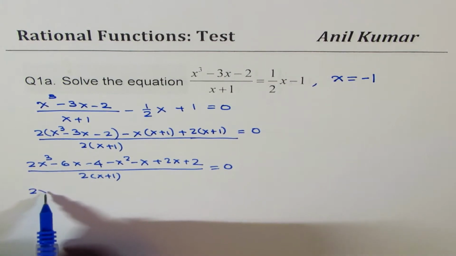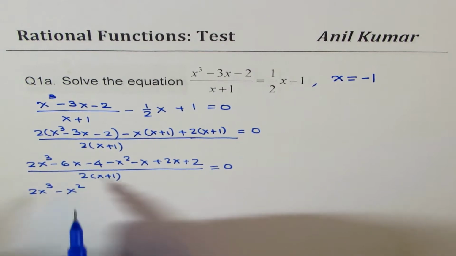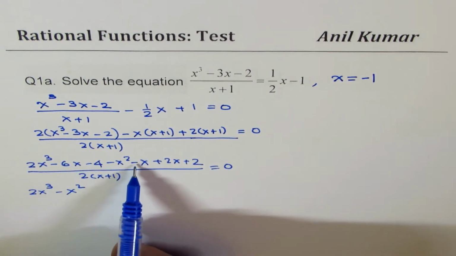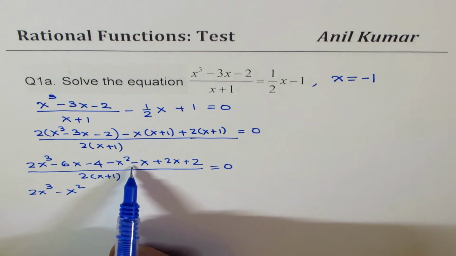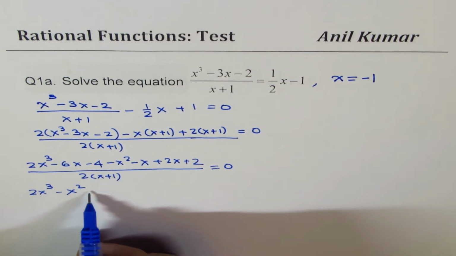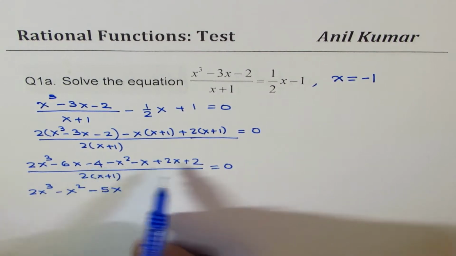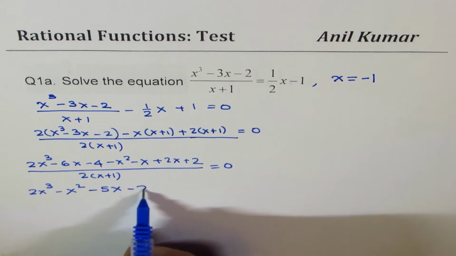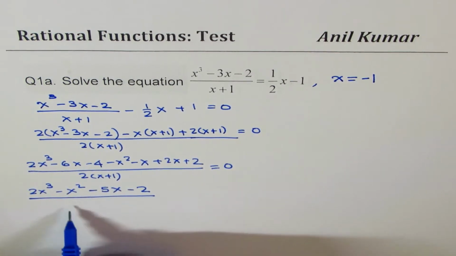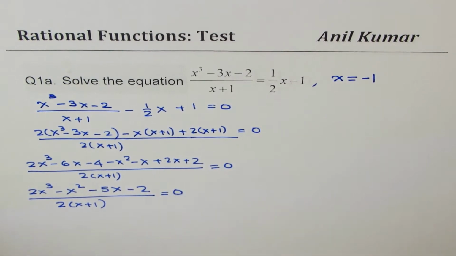We have 2x cubed, x squared, there's only one term, minus x squared, x terms: minus 6x minus x plus 2x gives us minus 5x. Constants minus 4 and plus 2 gives us minus 2, over 2 times (x plus 1) equals 0.